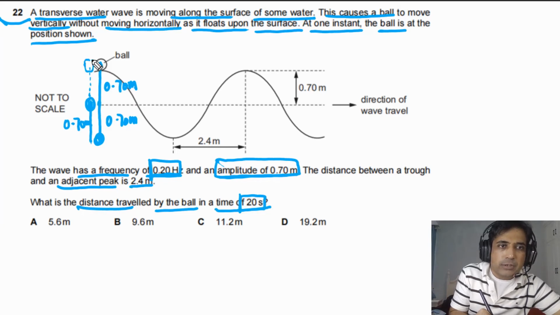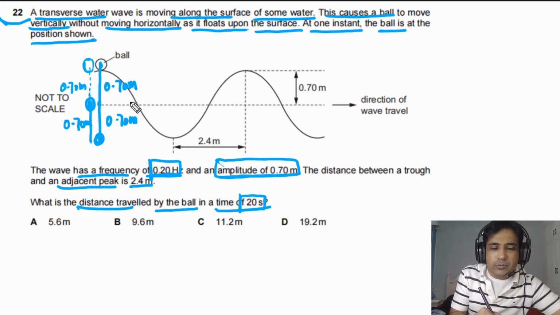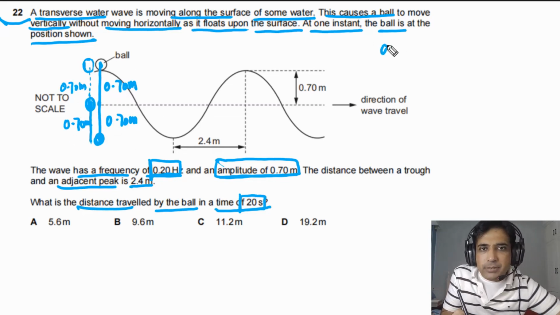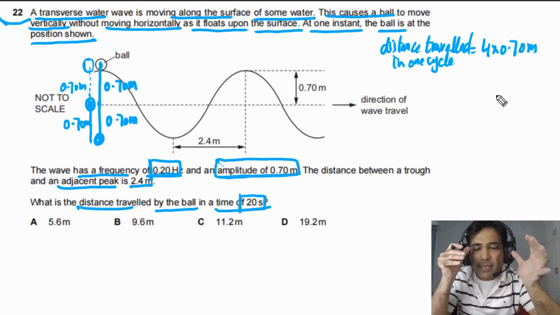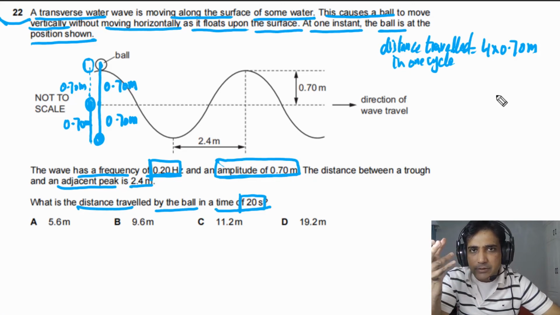So the distance traveled in one cycle will be equal to 4 times 0.70 meters. Now if we can calculate the number of cycles, we can calculate the total distance.